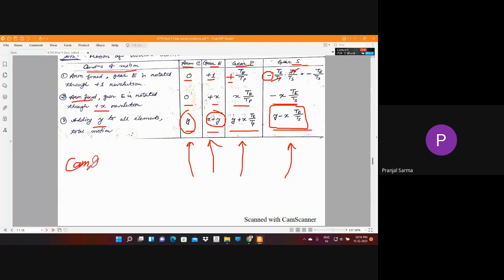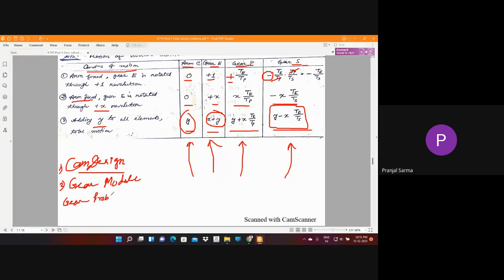One cam design problem you can expect. So cam profile construction is there, and some related small theory may come from the cam module and the gear module, and your gear problems.